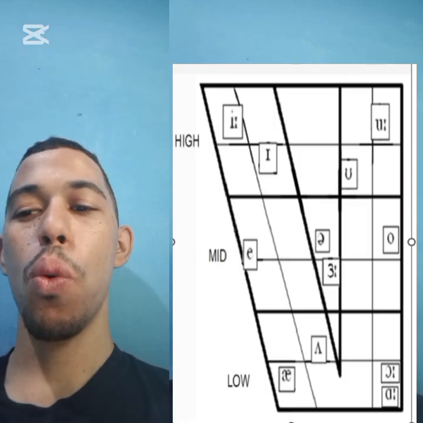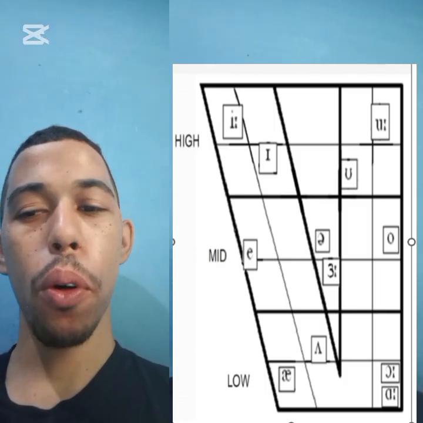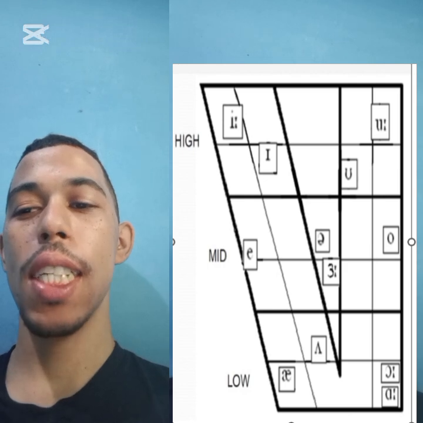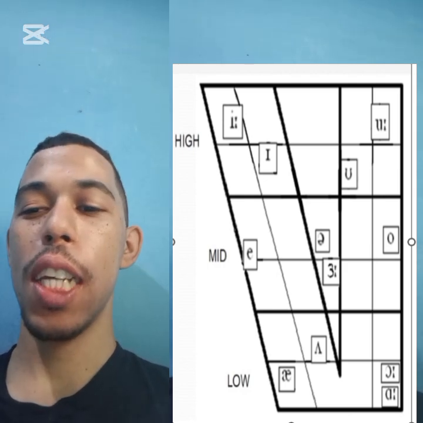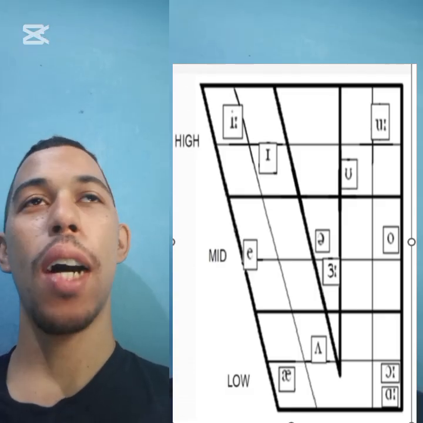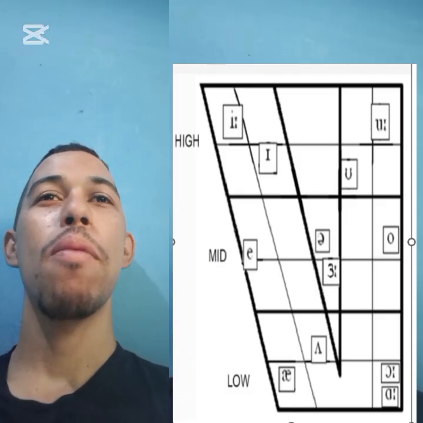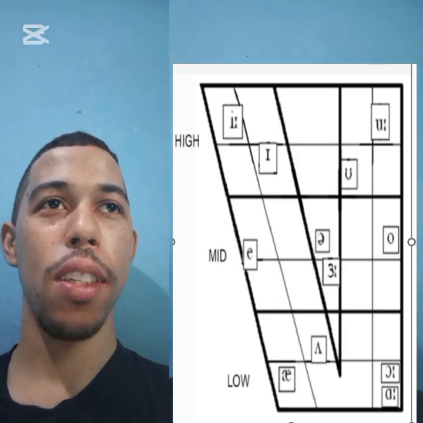Lower in the chart, we have what we call the border vowel, which is middle; the classification is central low. The border vowel is very similar to the schwa sound, but this one is stressed.